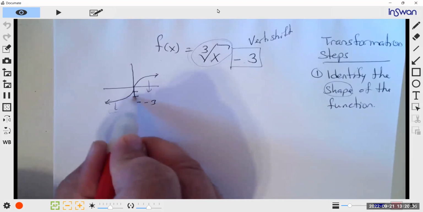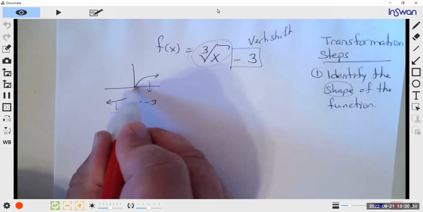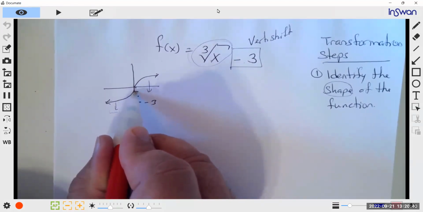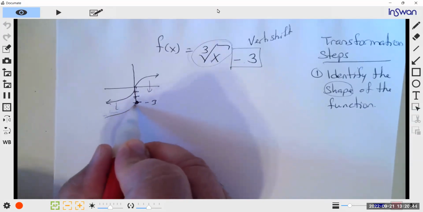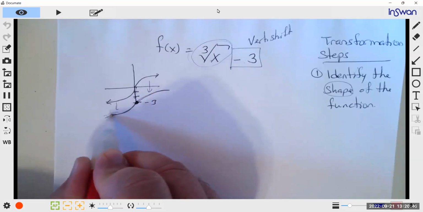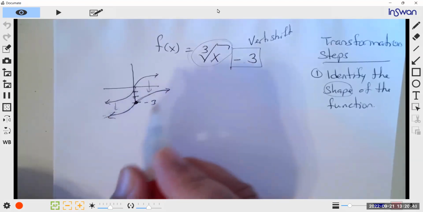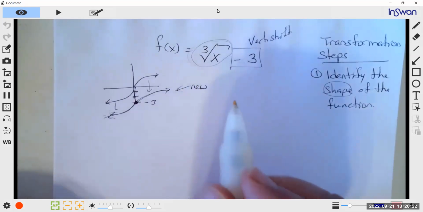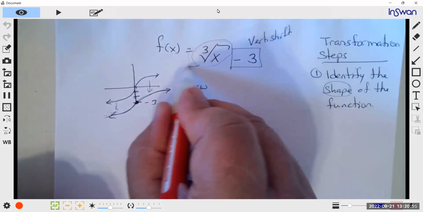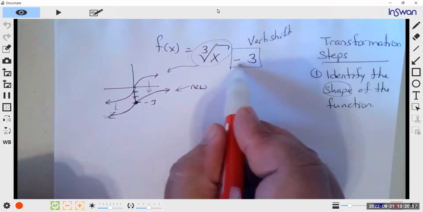So from here, I drop down 3 spaces. 1, 2, 3. The graph will look the same. There's my new graph. This is the original graph, but this is my transformation.